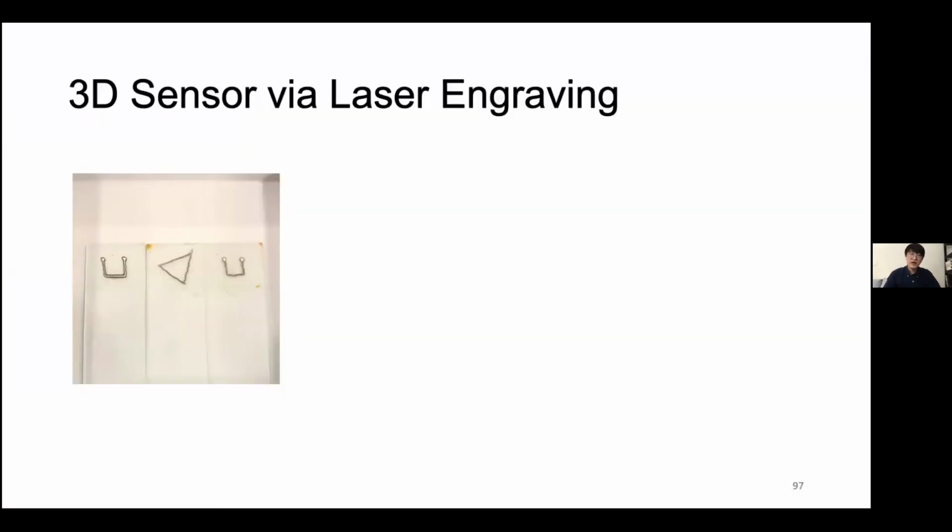So I'm looking at how to build actual 3D sensors. Some of the early results are shown on the left. Basically, I mixed this type of silver iron solution, and it can react under certain wavelengths of laser beams, which causes extraction of the silver particles in the solution.